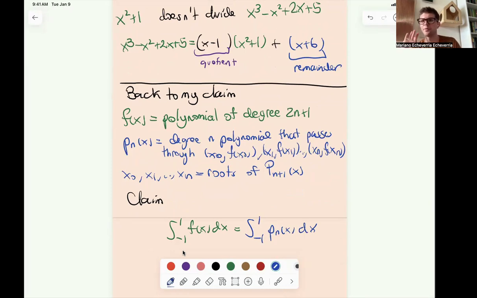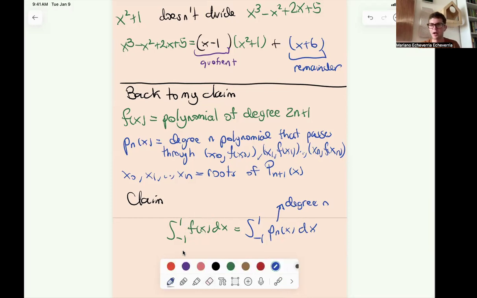Okay, which if you think about it for a second, that seems weird because again, this is a degree 2n plus 1 polynomial, and this is a degree n polynomial, and I'm asserting that when you integrate them, they will give you the same answer. It's worth thinking about for a second because this one has degree n, and this one has degree 2n plus 1.